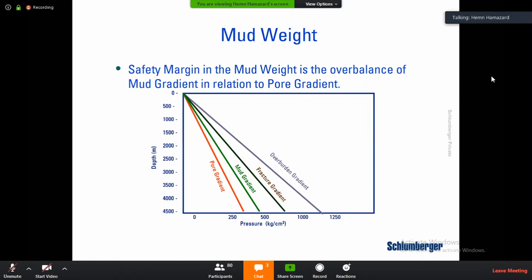I.e., is that going to be bigger than the formation pressure, so that I stay away from well control? That's the criterion. When you multiply the mud weight by the depth and the conversion factor, it has to be more than the pore gradient or the pore pressure. If it's less, that means you're underbalanced and you're going to get a kick, and it can be a blowout later on. So that's a no way.